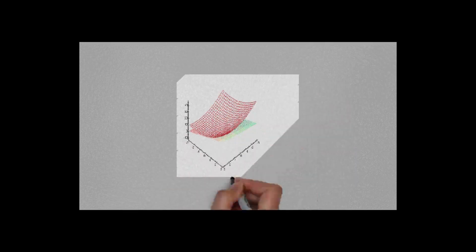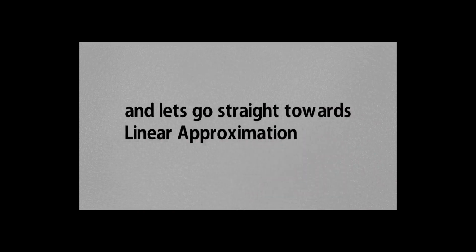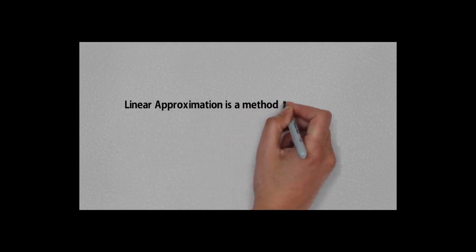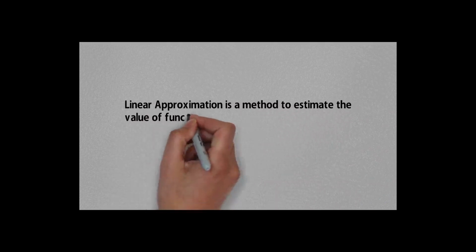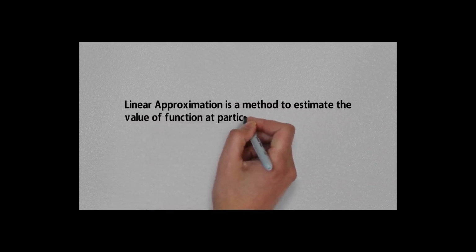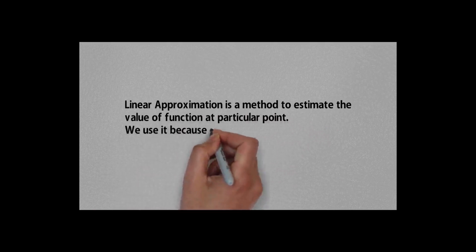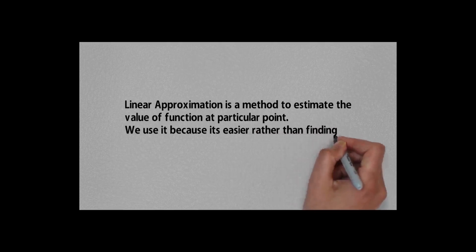And let's go straight to the linear approximation. What is linear approximation? Basically, linear approximation is a method to approximate a value at a certain point. Because we cannot find it, or we can though, but it's pretty difficult to find a value at a certain point, so we have to use an approximation to make it easier.